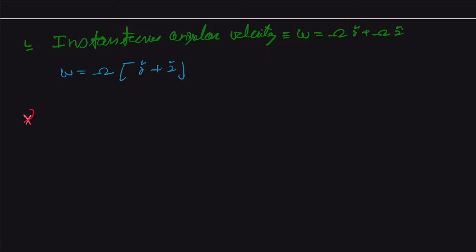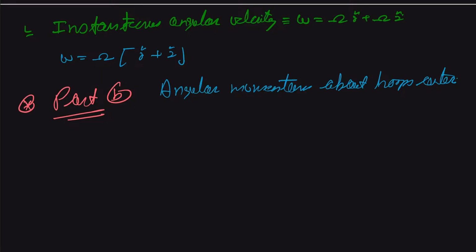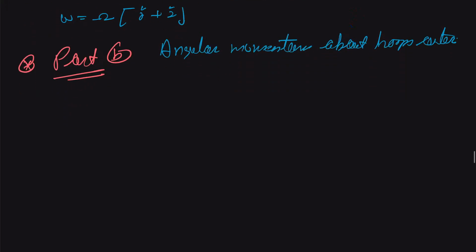So in part B we can find the angular momentum about the hoop's center, and omega we already know, so I of x is mr square, and I of y as well as I of z will be equal to half mr square.